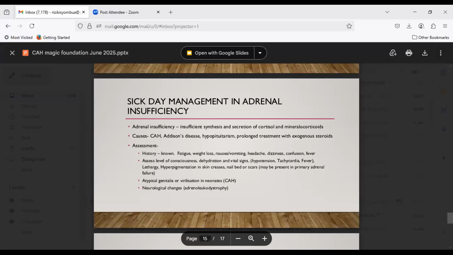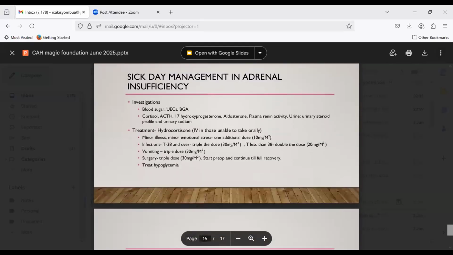And those who have neurological changes, especially progressive neurodegeneration, may have adrenoleukodystrophy. This is a disease that mainly affects the brain, but is associated with various endocrine disorders, including primary adrenal insufficiency.